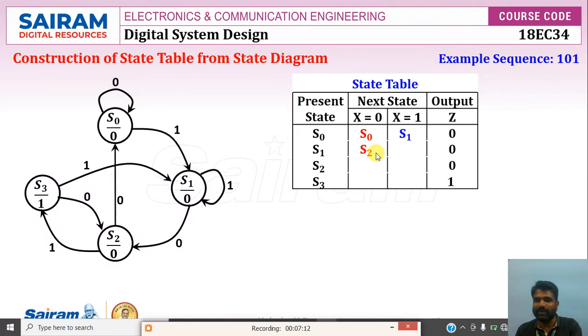So next state is S2. If input is 1, it will stay there only, so next state is S1. Clear? Now come to present state S2. When input is 0, it will go to S0, so next state is S0. When input is 1, it will go to S3.